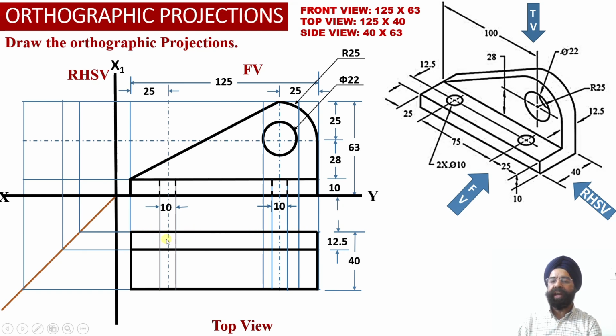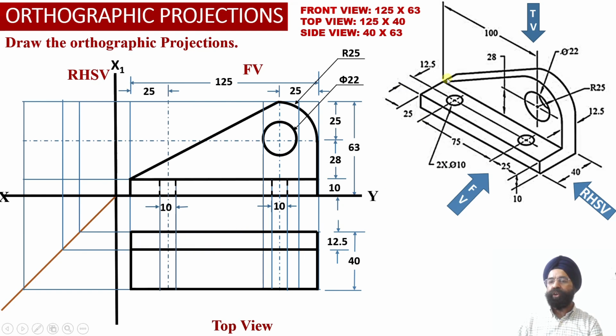So it is no longer a true shape projection, because this surface is an inclined one, and this portion of the surface towards the right hand side of the solid is a circular portion over here. So since this web is not parallel to the horizontal plane, its projection on the horizontal plane, that is the top view projections, will be projected as an apparent view projection over here.